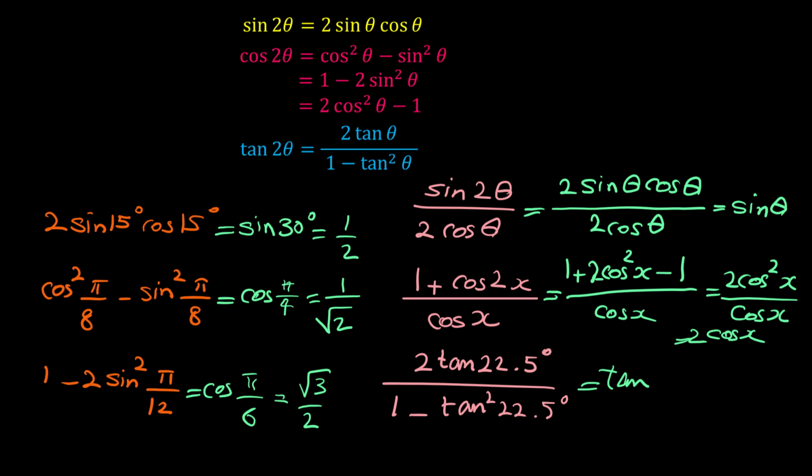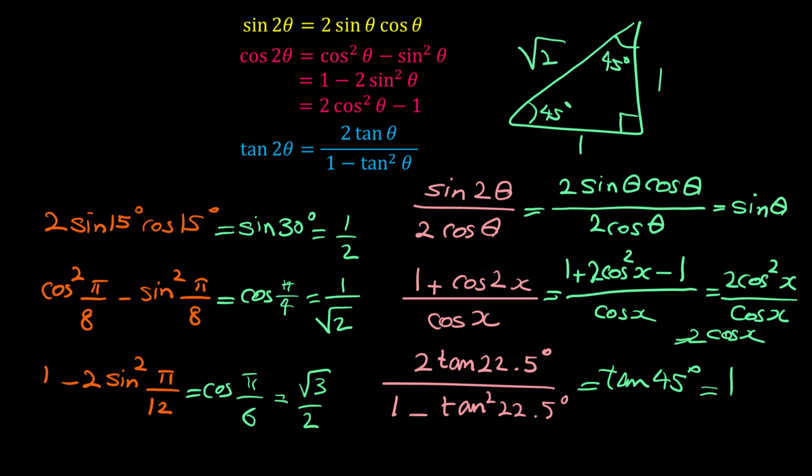So, as we can see, here the given angle is 22.5. What is double of 22.5? 2 times 22.5 is 45 degrees. So this equals tangent of 45. And tangent of 45 is 1. Because if you remember the special triangle for 45, 45, 90 degrees, the sides are 1, 1, and root 2.